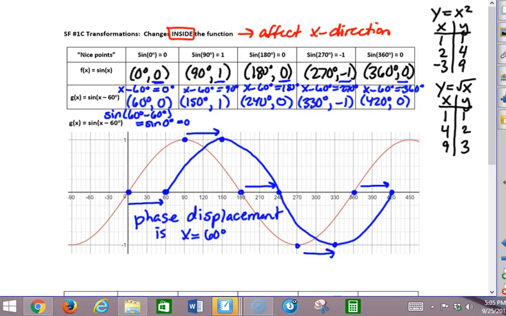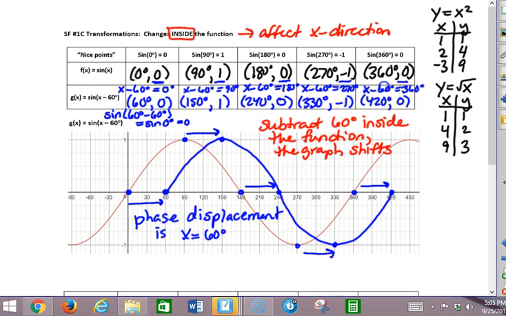So notice here that when I subtract 60 inside the function, and when I say inside the function, inside these parentheses here, in other words, I'm subtracting 60 before I apply the sine function, the graph shifts 60 degrees in the positive direction.